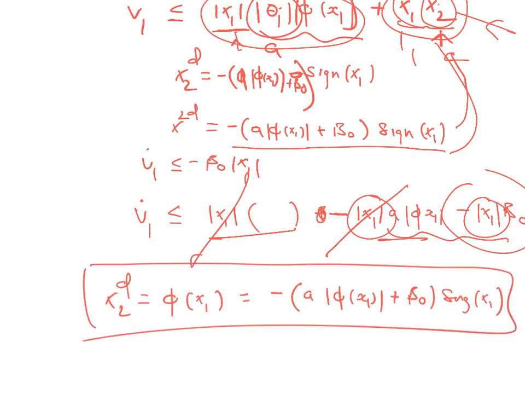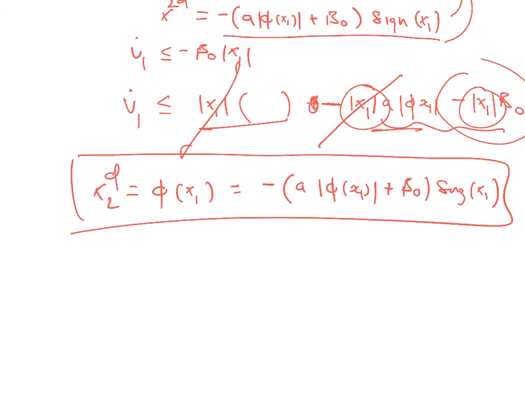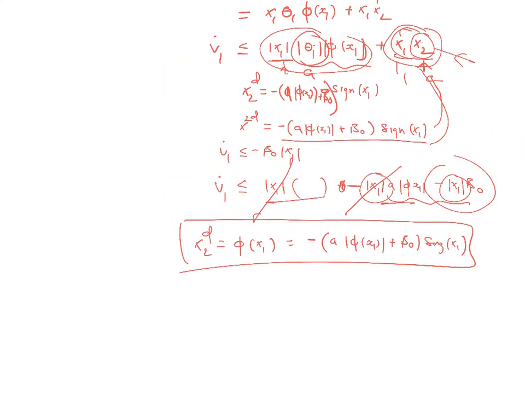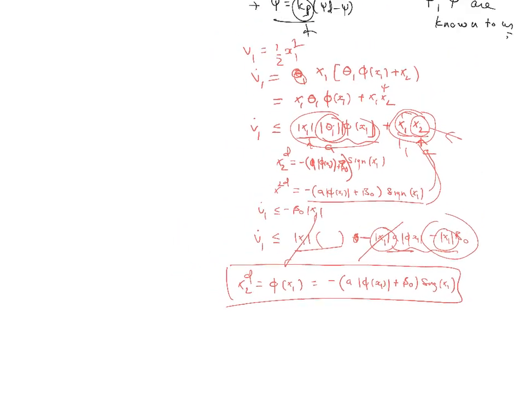So now that is my x2 desired. The next step is you want to choose such that this x2 goes to this value. This is x2 desired, this is not the actual x2, right? You want your x2 to go to this value. So in this case, what will you do?